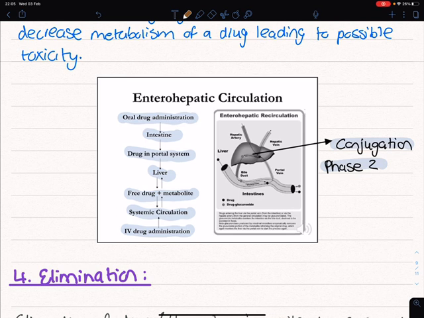But in phase 2, conjugation occurs, which means that metabolites are brought back together, and the drug can form and be distributed into the intestines once again. So it's just like a circle from drug to metabolite to drug again. Yeah, so that's the enterohepatic circulation.